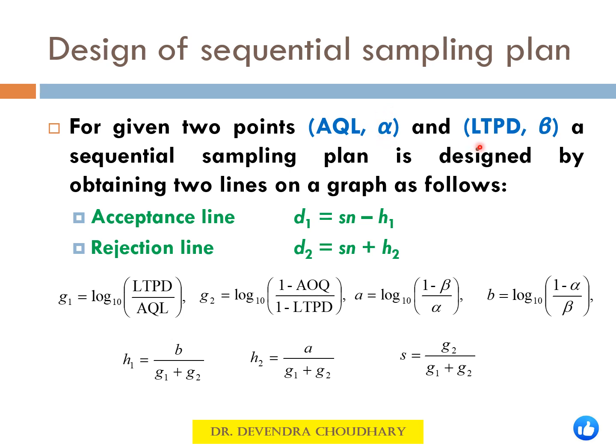LTPD or lot tolerance percent defective is the fraction defective up to which the consumer may allow a lot to pass on, and beta is the consumer's risk for the lot quality at the LTPD value.